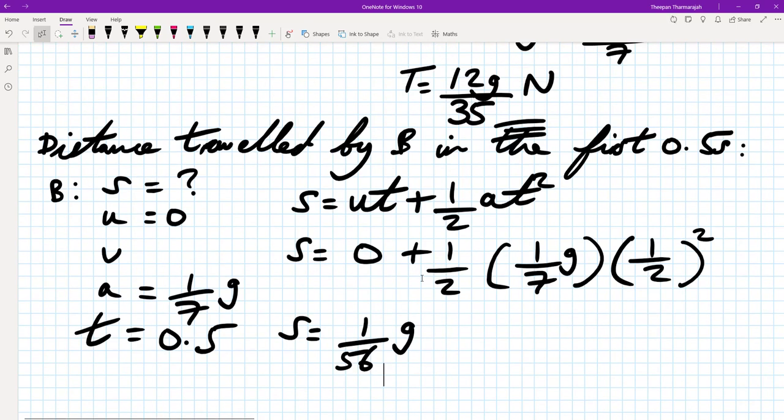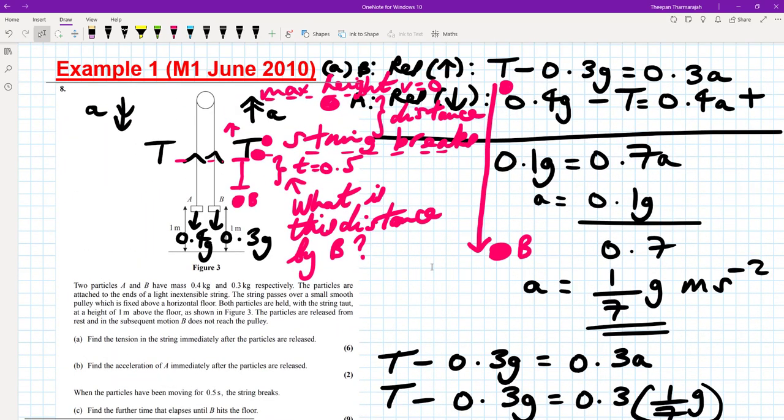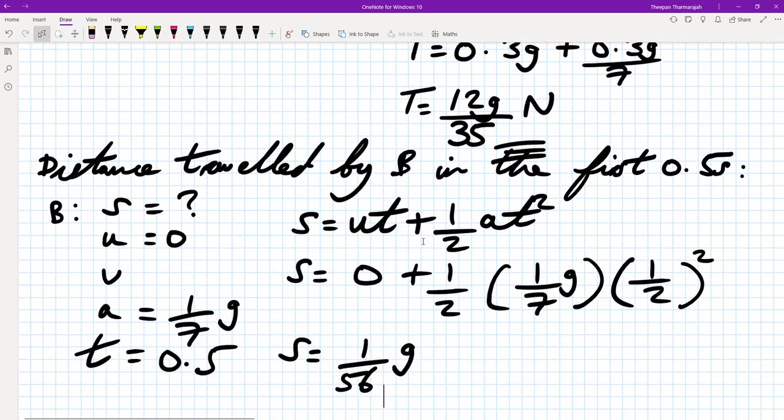Then if you go back to our diagram, we also need to work out the distance travelled when it's moving freely under gravity to maximum height when the string breaks.